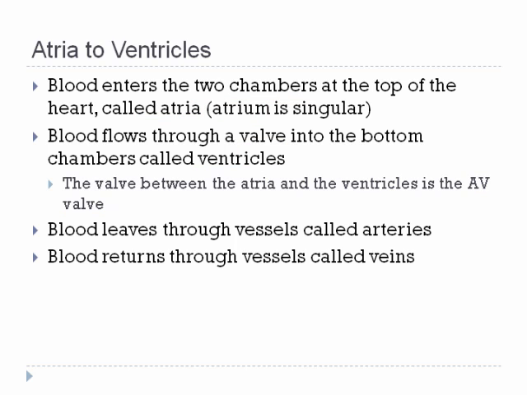Now, the name of this valve is pretty easy. The valve between the atria and the ventricle is called the AV valve. The valve between the A and the V is the AV valve. Now, there's some other terms for this valve that you may hear. On the right side of the heart, it's called the tricuspid valve because it has three cusps.